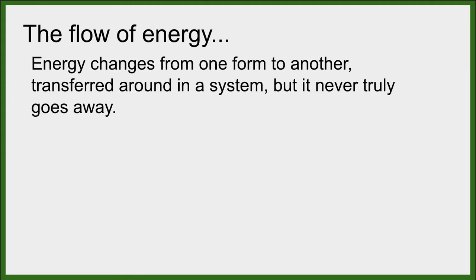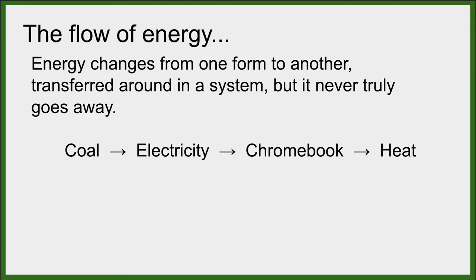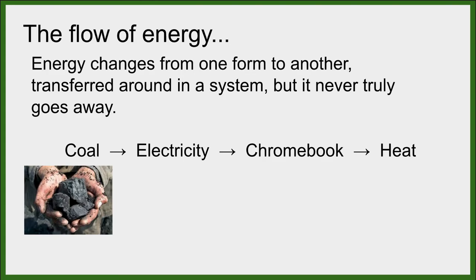Similarly, there's a flow of energy. Energy changes from one form to another, just like money changes hands and changes from one form to another. But it never truly goes away. Energy should always be able to be accounted for as it moves from one form to another. Here's an example. Our energy in this area, some of it comes from coal originally.